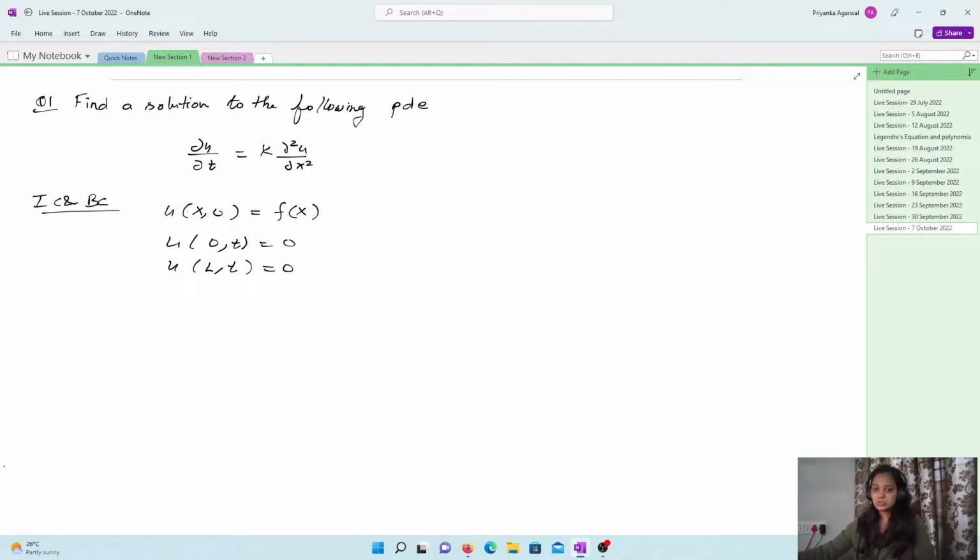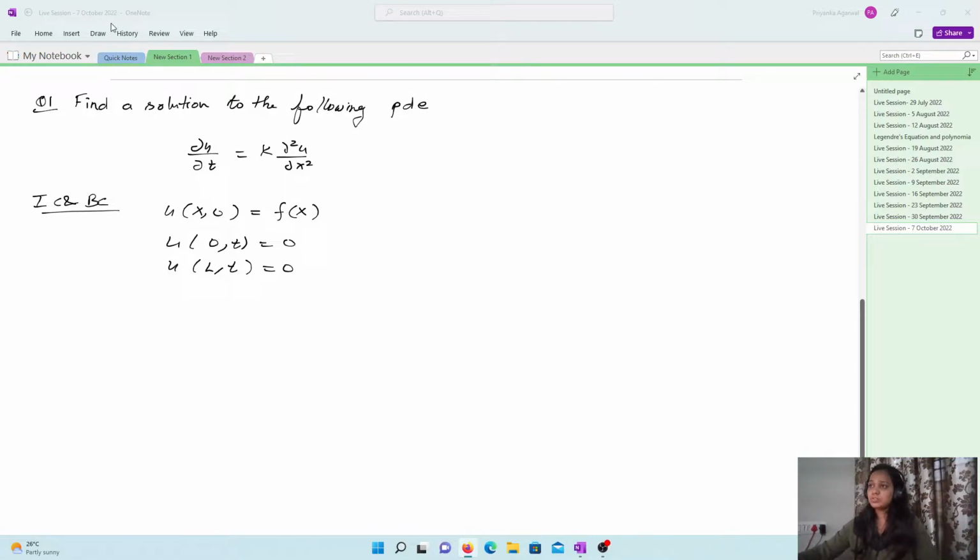Okay, so to solve this, first thing technically what we need to do here is to apply separation of variables, and we have seen several examples of applying separation of variables in our previous sessions as well as in the main lectures.